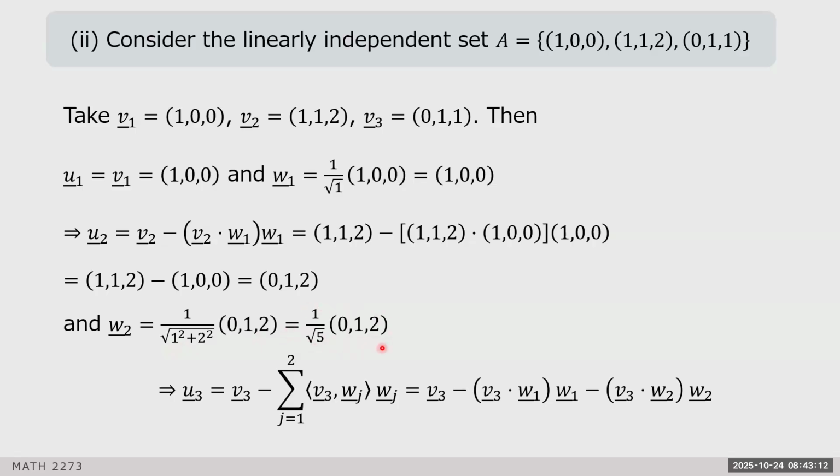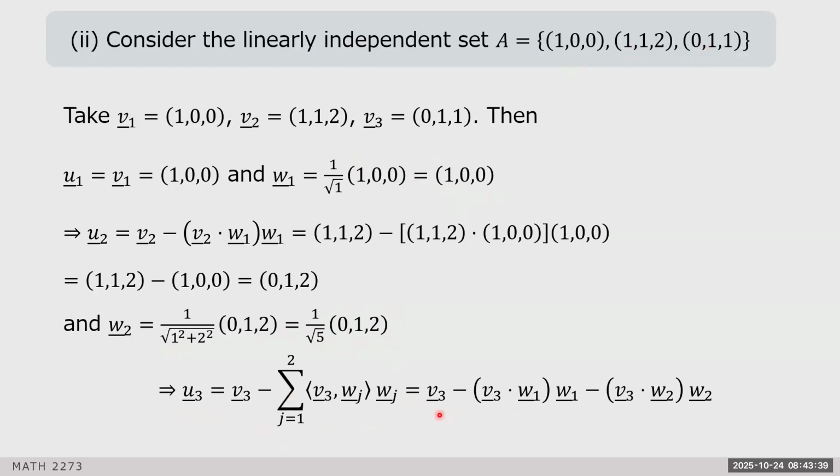You're not done yet, because you started with 3 vectors, so we need to end with 3 vectors. So far, I have W1 and W2. We need to get W3, so we need U3, which is V3. This is the formula here; you don't need to write out this sort of formula, you can just write out what it is.